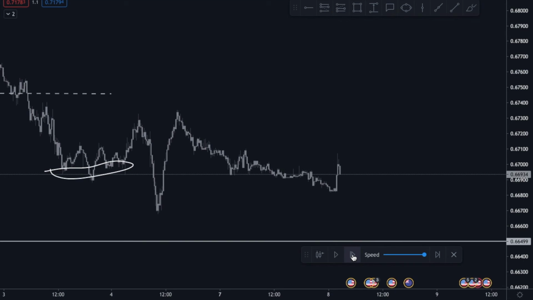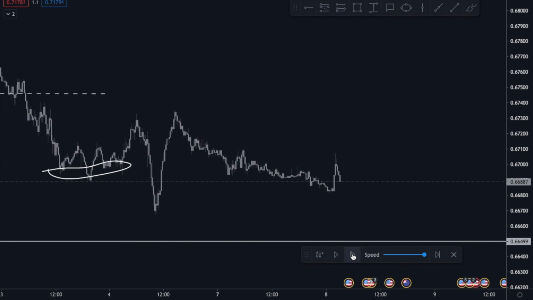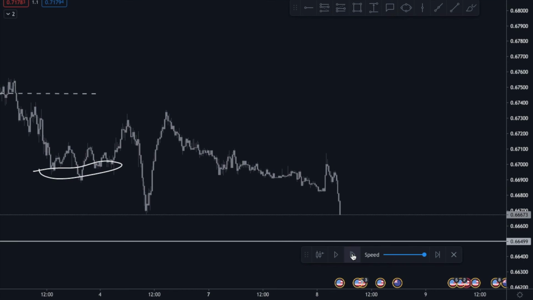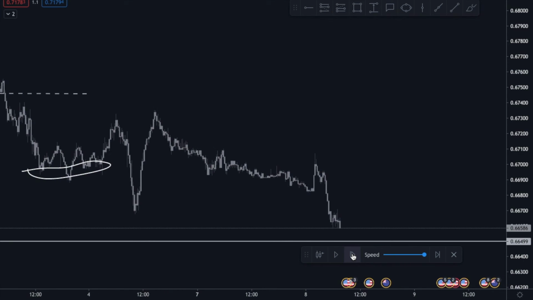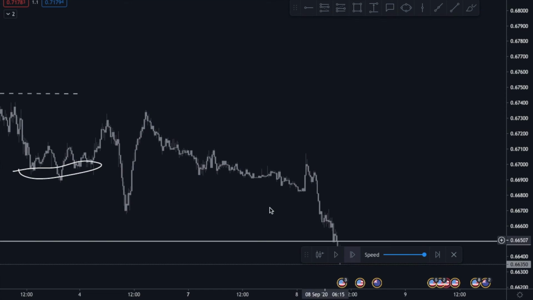Price is steadily moving down, pushes up sharply. Now, obviously, here, yes, we've created a lower low. Price pushed up, and now we've pushed lower again.